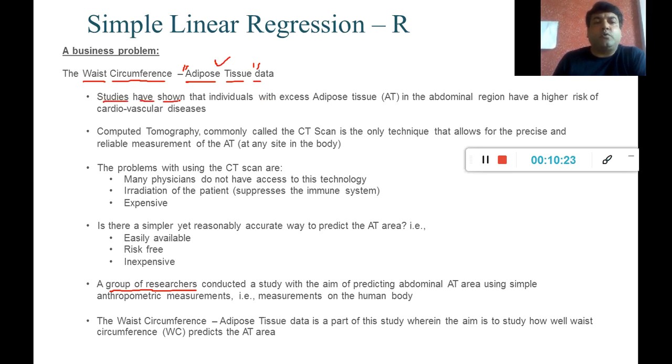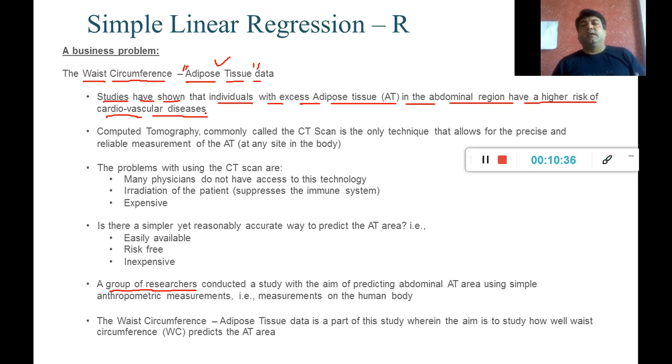Studies have shown that individuals with excess adipose tissue, that is AT, in the abdominal region have a higher risk of cardiovascular disease, right? So we say those obese people have more risk of having a cardiovascular disease.